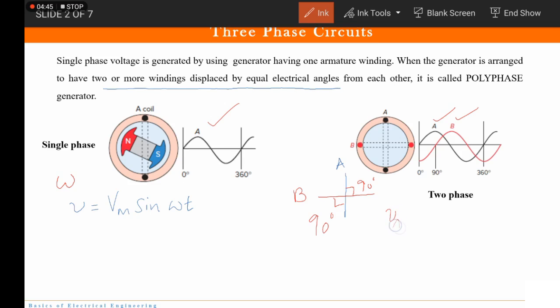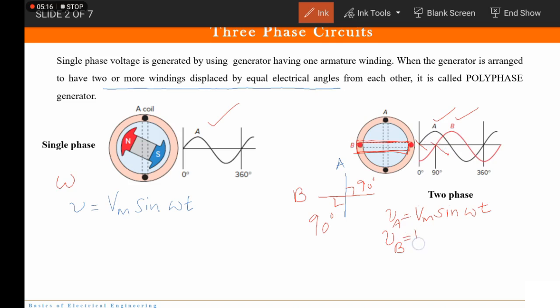So how will I represent signal A? Signal A will be represented as, now A is the main signal, right? It will start at 0. So this is represented as Vm sin omega t, and signal B. Signal B is generated because of this winding, and this winding is placed 90 degree with respect to winding A, and you can see that here there is a phase shift of 90 degree.